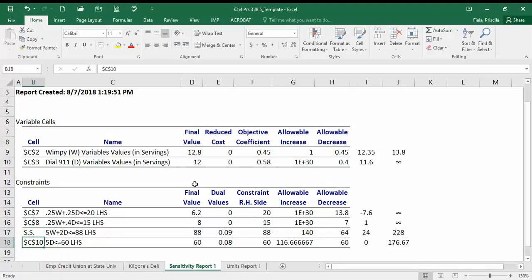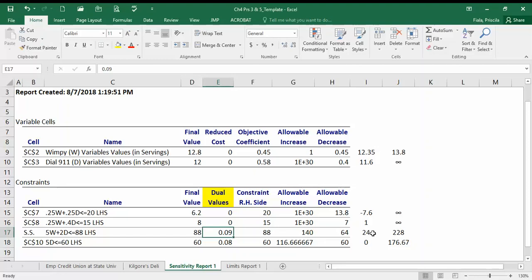So my dual value, also called shadow price, for special sauce can go from a minimum of 24 to a maximum of 228, and for every unit I increase or decrease there is going to be a change of 9 cents.